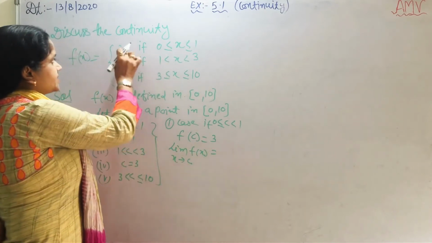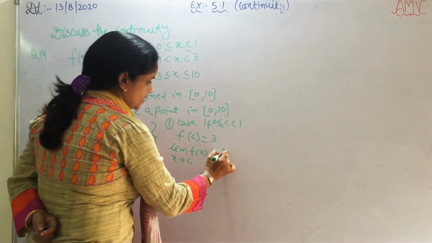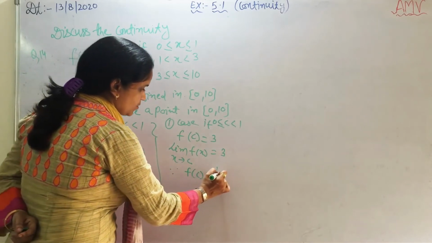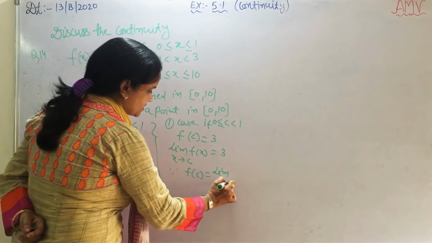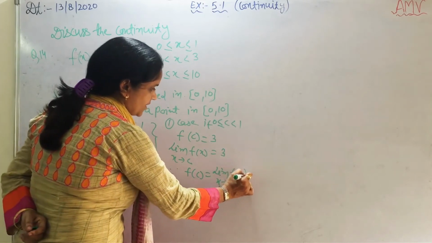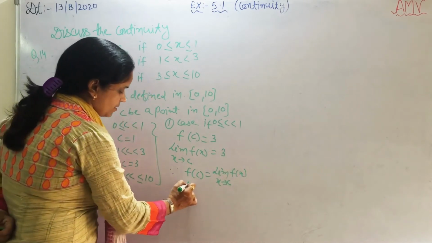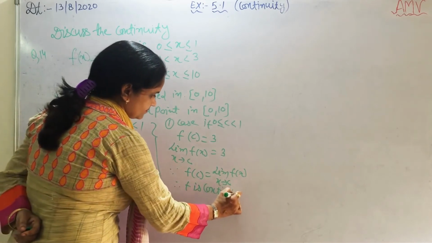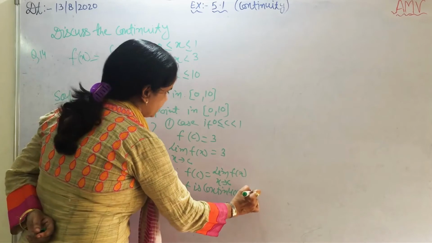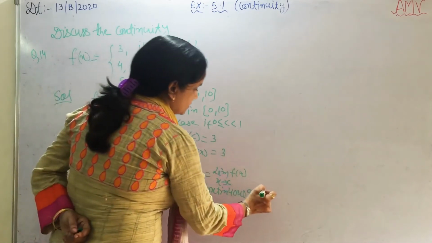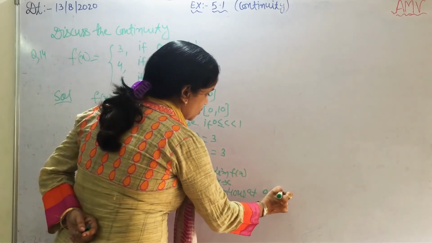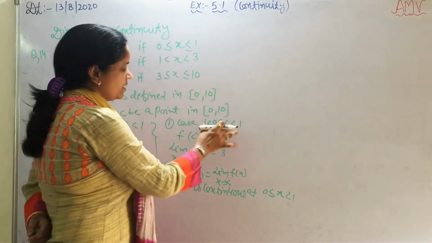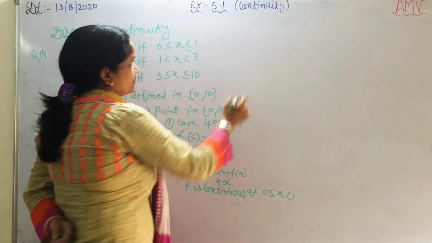And it's also 3. Now you have to write that f(C) is equal to limit x tends to C f(x). Therefore, function is continuous at 0 less than equal to x less than 1, since C is a point in this interval.